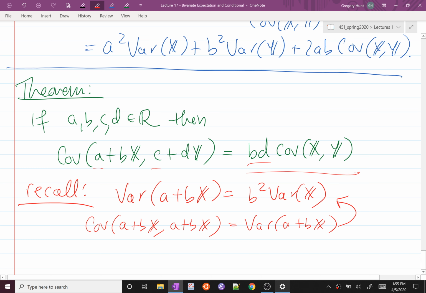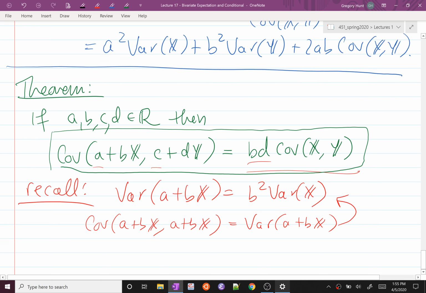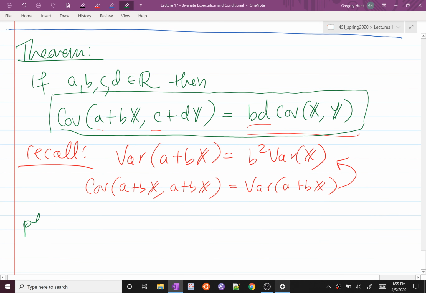It would be B times B times covariance of X and X, or B squared variance of X. So that's the theorem. The theorem basically says that covariance behaves similar to variance in that I can ignore adding A or adding C, and I can pull out constants. So what's the proof? Why is that true?